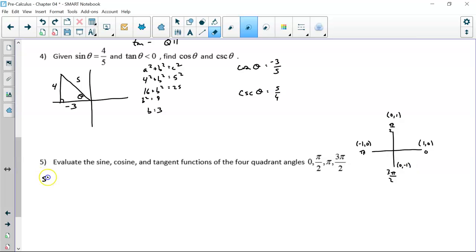So for the sine of 0, it's the y, it's 0. The cosine of 0 is the x, which is 1. And the tangent, divide, it's going to be 0.